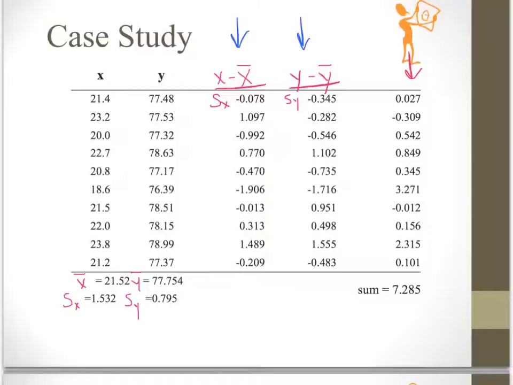So that whole big sum part, the summation part in the formula, comes to 7.285.